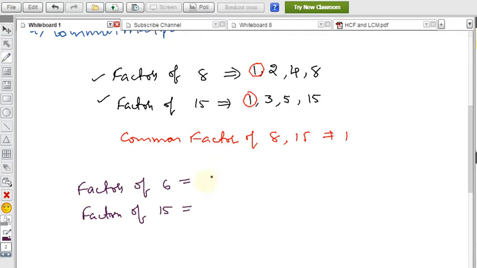Factors of 6, which divide 6 perfectly, are 1, 2, 3 and 6. And for 15, as we discussed previously, 1, 3, 5, 15. In this, the commons are 1 and 3. So 1 is here and here, so 1 is a common factor and 3 is also a common factor.